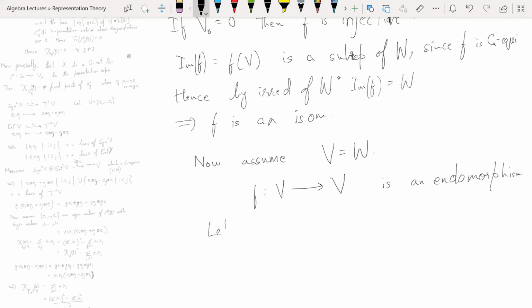So let lambda be an eigenvalue of f. This is the standard trick. Then consider f minus lambda I from V to V.